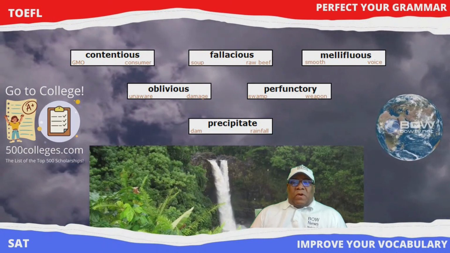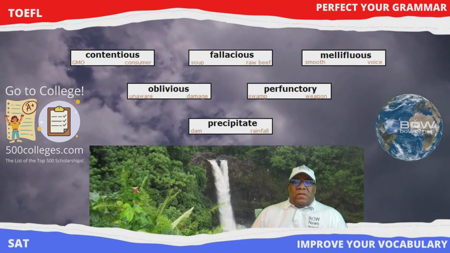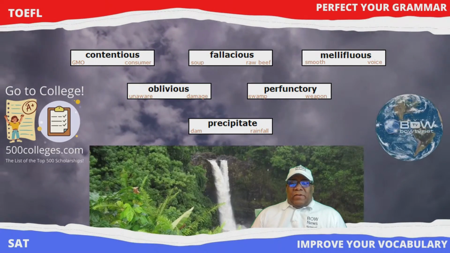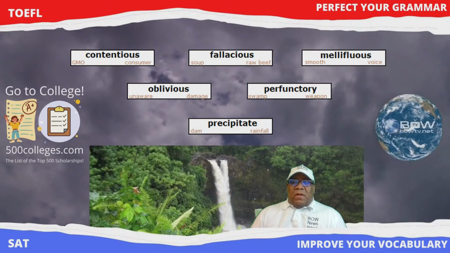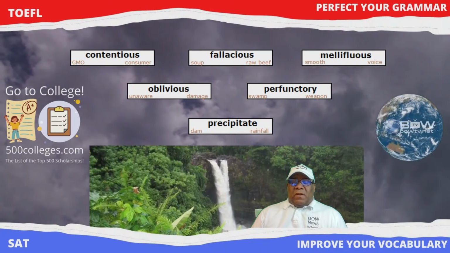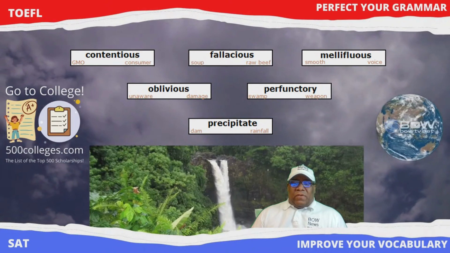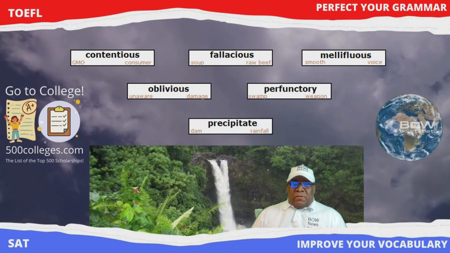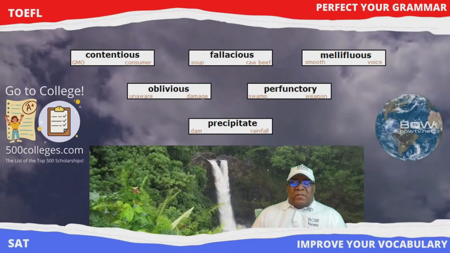We're going to be working on just 6 words at a time, the more difficult ones, as we prepare for TOEFL or SAT or any kind of standardized exam coming up. We hope this served you well. It was only 6 words, but we hope that this helped you to expand your vocabulary as well as fine-tune your English grammar skills by looking at how these words are actually used in sample sentences.